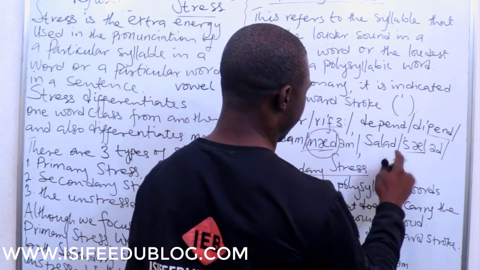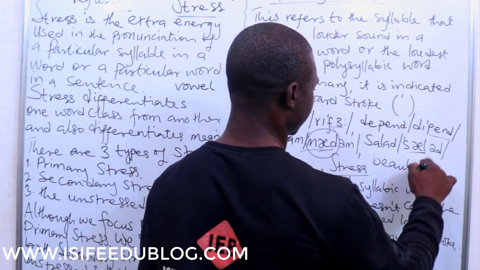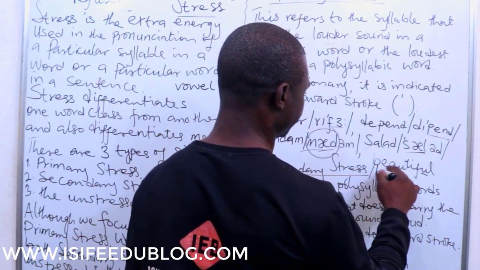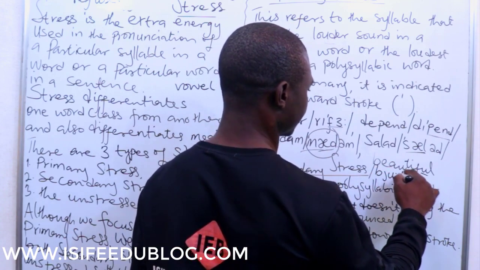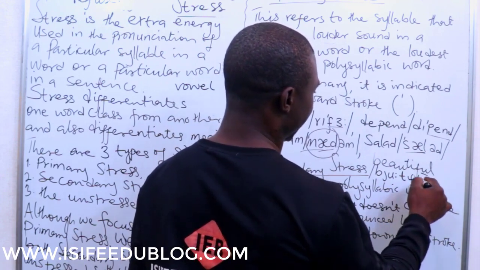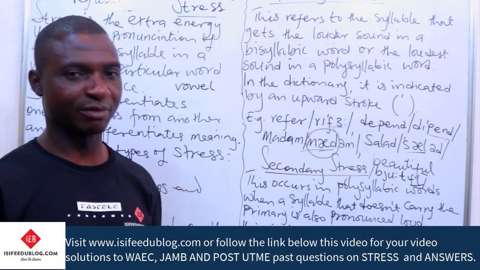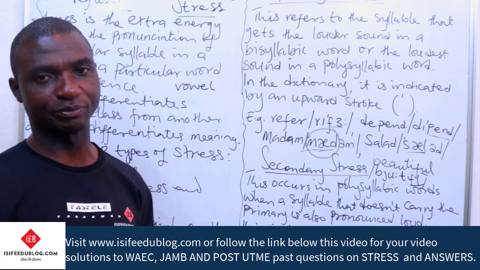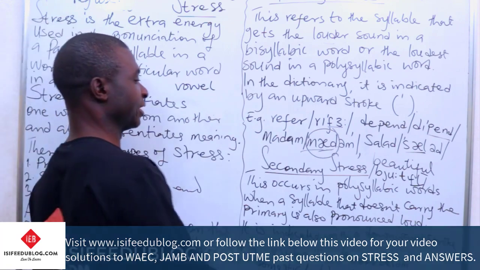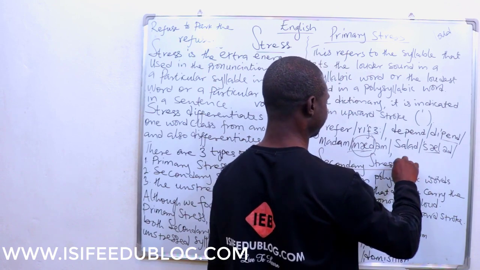That is, if we have beautiful, for instance, the U is silent, so we have, alright, the F and the L will never be stressed because there is no vowel in between them. Alright? So stress depends on the vowel. That's what I'm trying to point out.